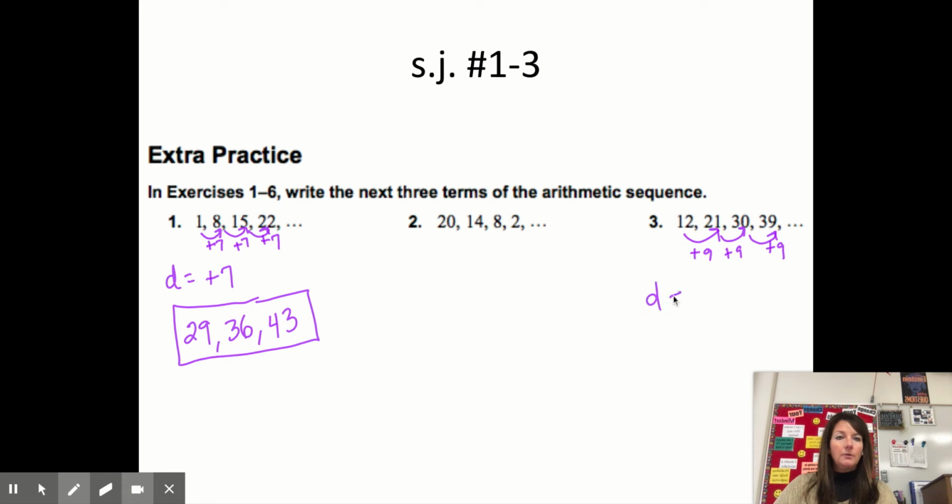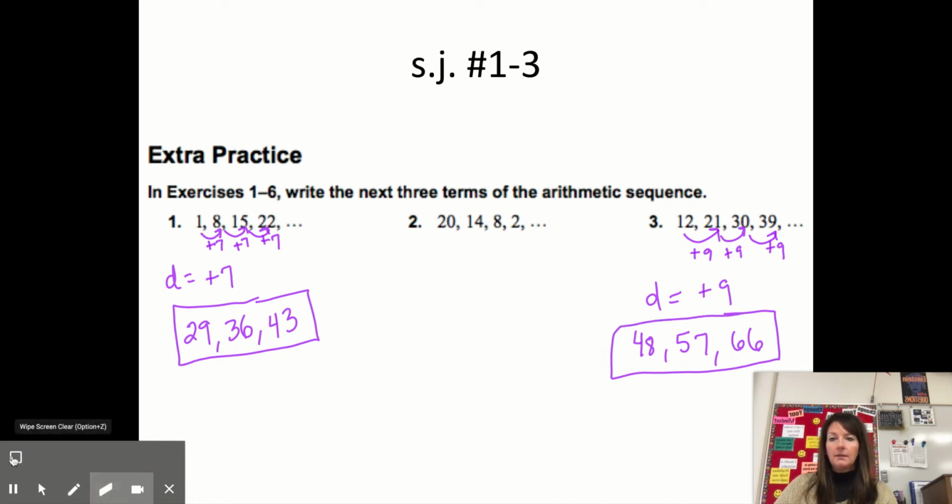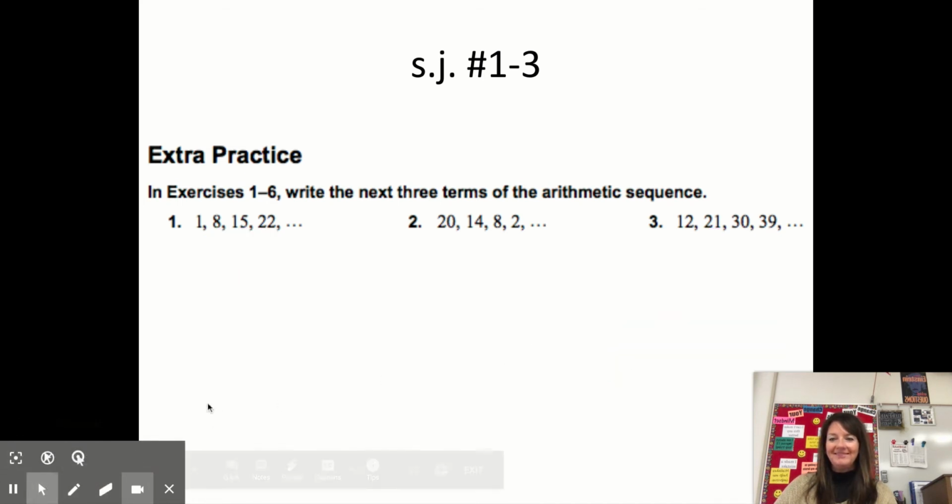So our common difference is adding 9. So from 39, if you add 9, you'll get 48, 57, and 66 for the next 3 terms. And this is the easy part.